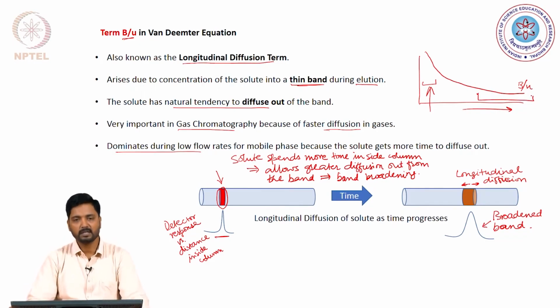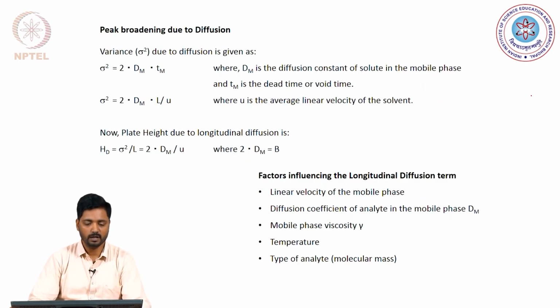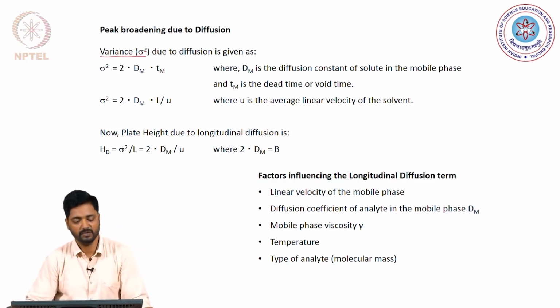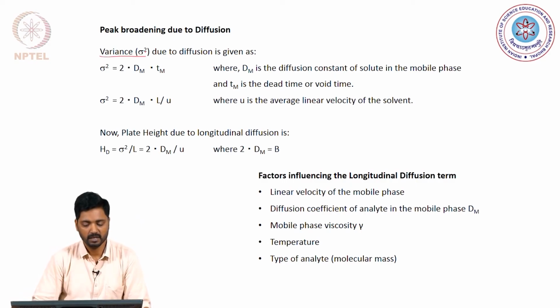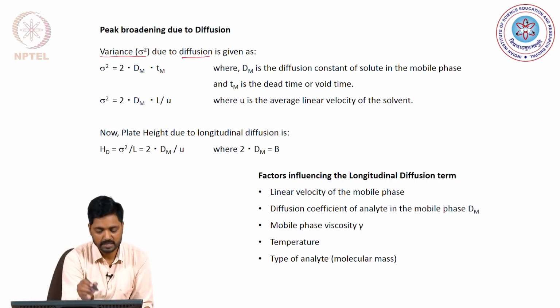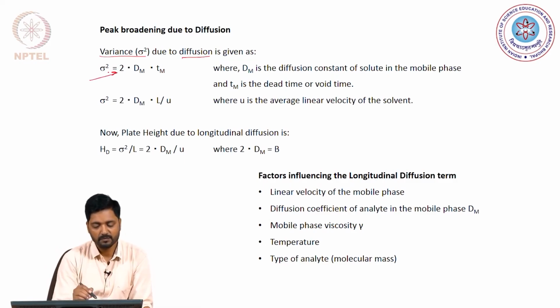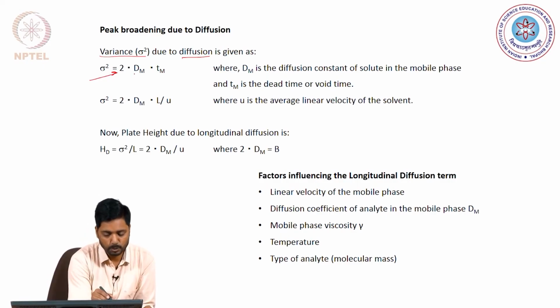Let us look at the peak broadening that happens due to this diffusion term. The peak broadening has been explained by employing the variance of the peak, and this variance due to diffusion is given by this equation here, where we have two terms, Dm and tm.